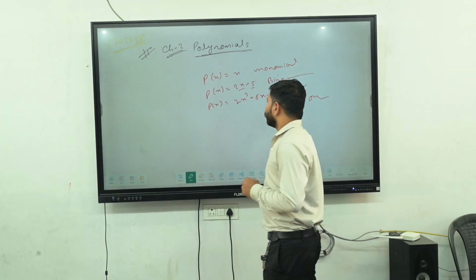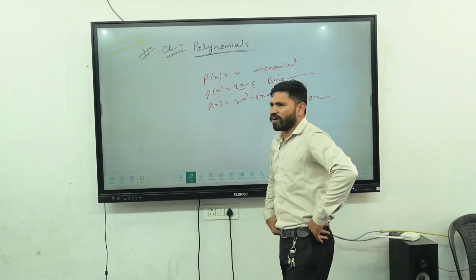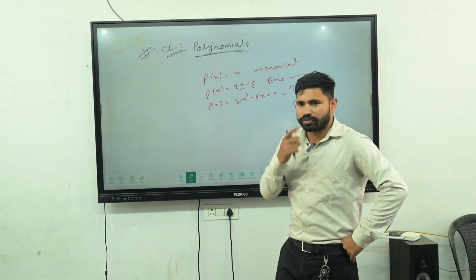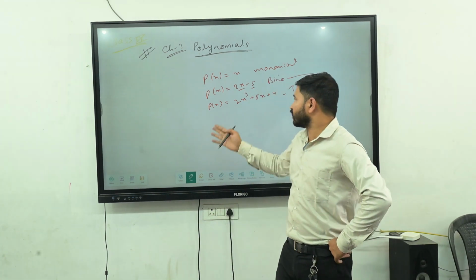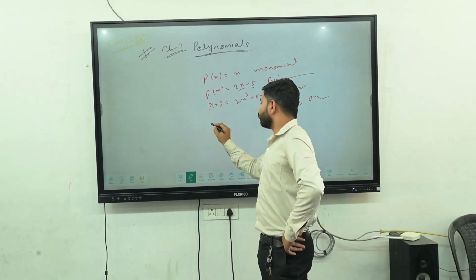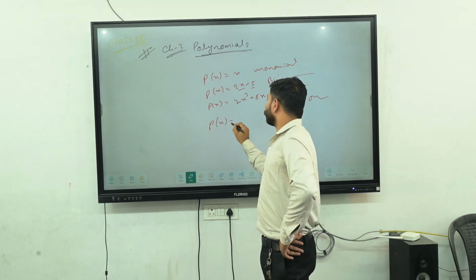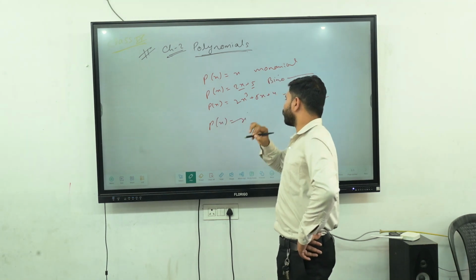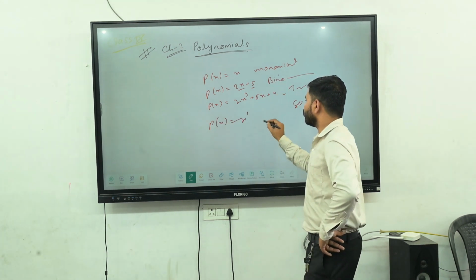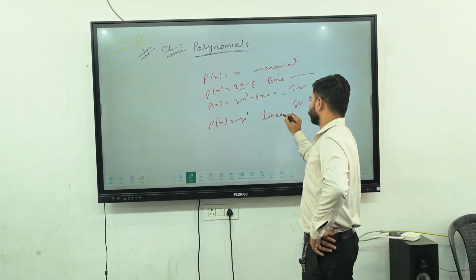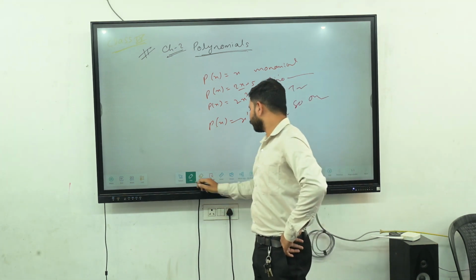See, there are also linear, quadratic and cubic. You know the equations we studied in polynomials. The polynomial in which the variable has exactly power 1 is called linear.